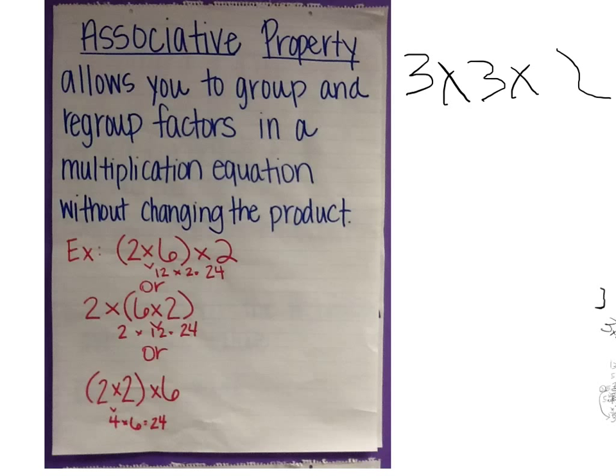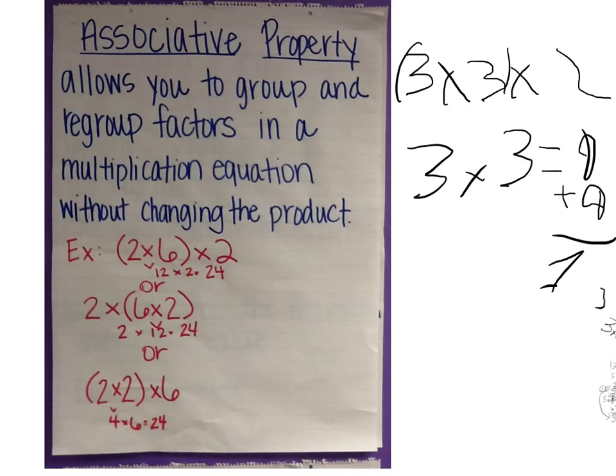Now we're going to do 3 times 3. And we know that 3 plus 3 is 6, and 6 plus 3 is 9. So now we're going to do that 2 times. So we're going to do 9 plus 9 is equal to 18. So your answer would be 18.